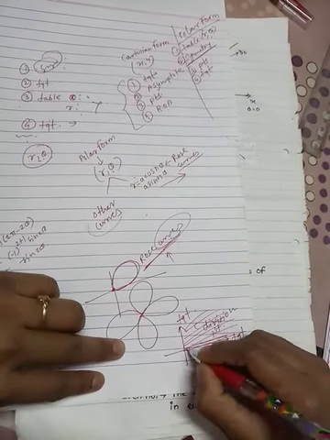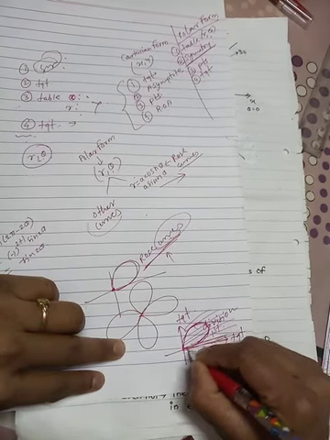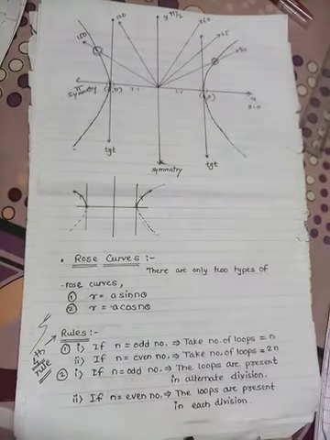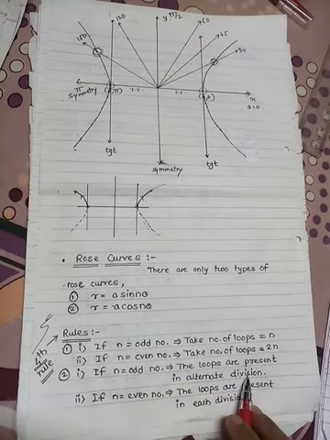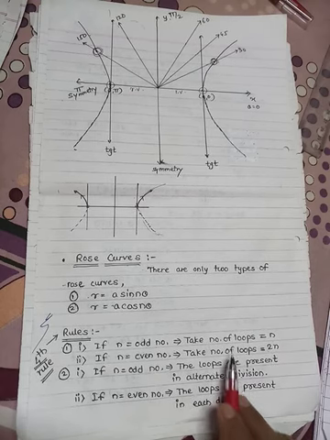So in this first division, we have to draw a loop. We will see this in the particular examples. So in alternate divisions, we have to draw these loops.